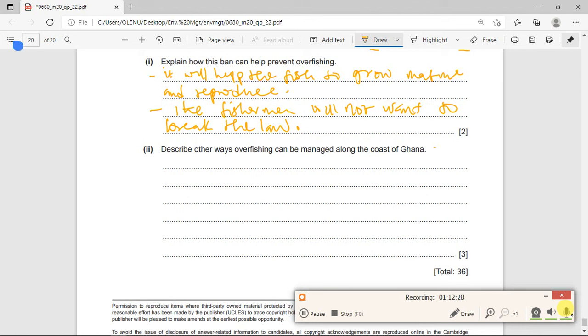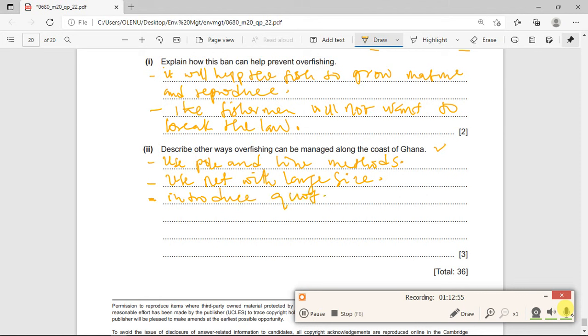So you use the pole and line method of fishing. You use nets with large size. You introduce quotas on the number of fish caught.